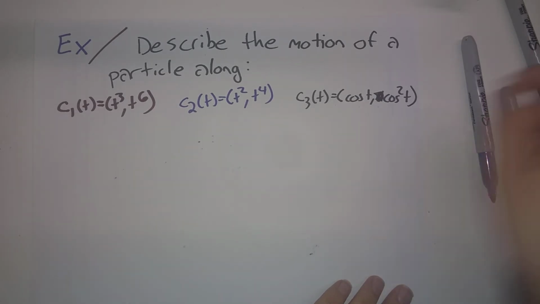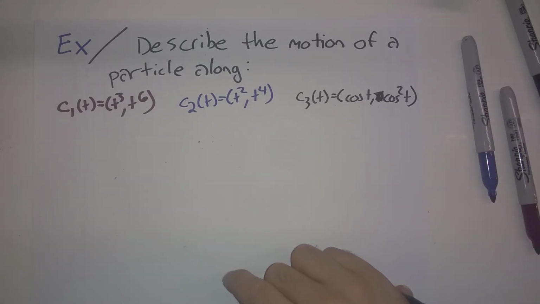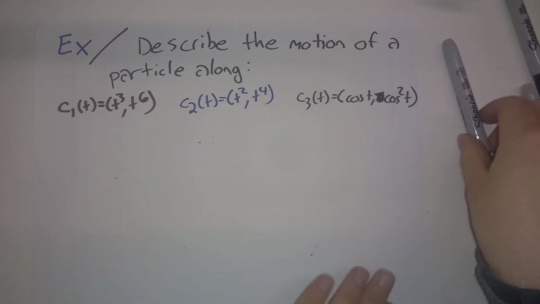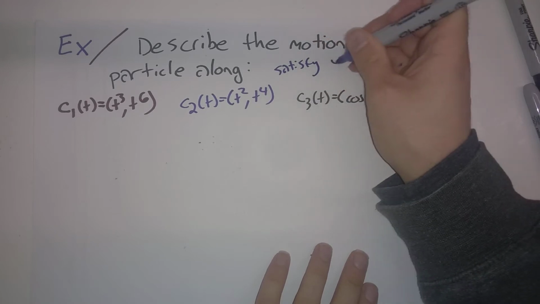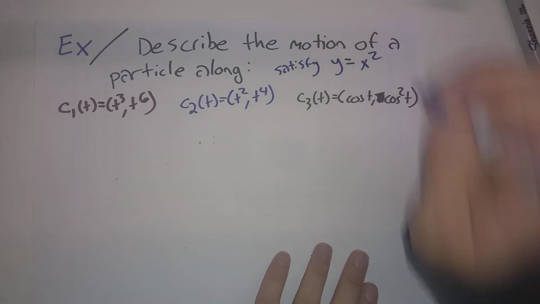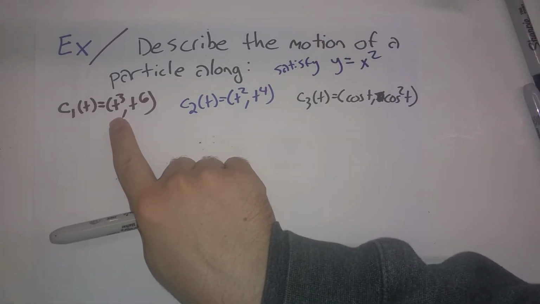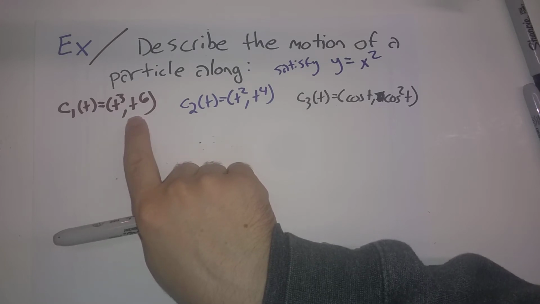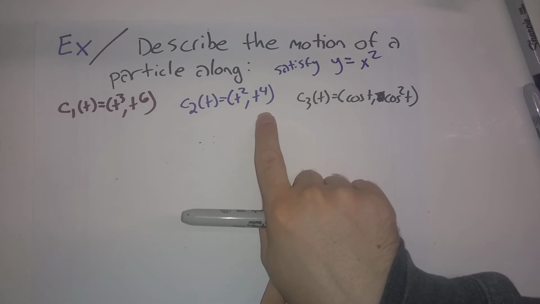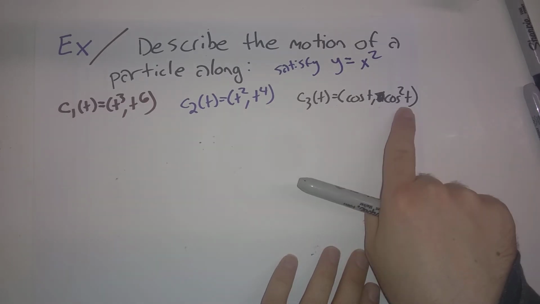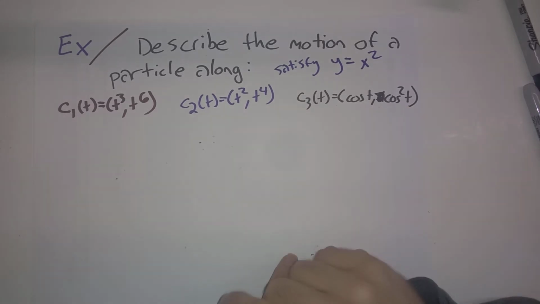Now, you should realize that every single one of these satisfies y is equal to x squared, right? t cubed squared is t to the 6th. t squared squared is t to the 4th. Cosine t squared is cosine squared of t.